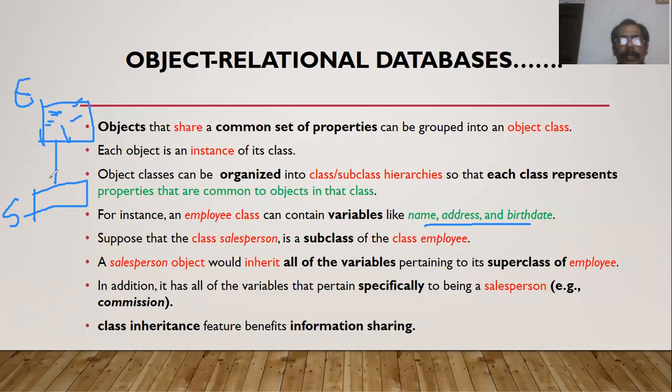A salesperson object, assume S1, would inherit all of the variables present in the superclass employee.